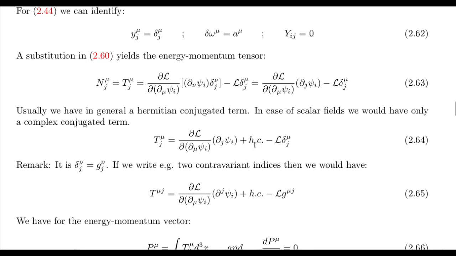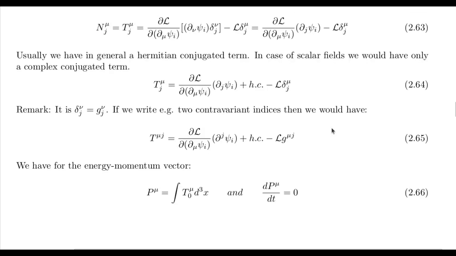This term is treated in complete analogy to the first one here. Perhaps a remark. It is delta nu J is equal to the metric tensor in co and contravariant, the co and contravariant index.